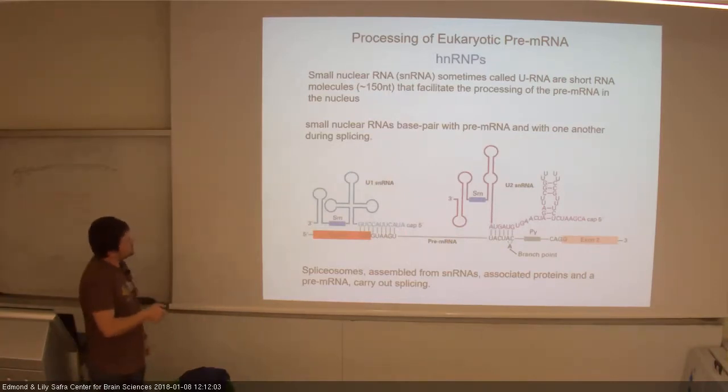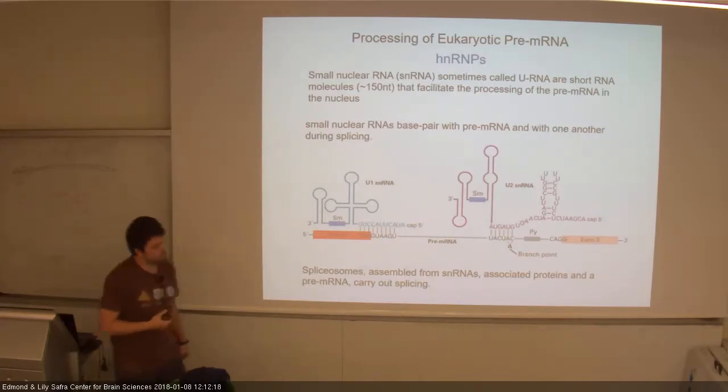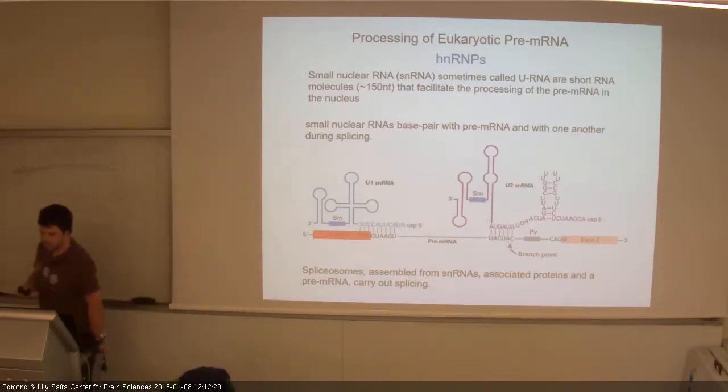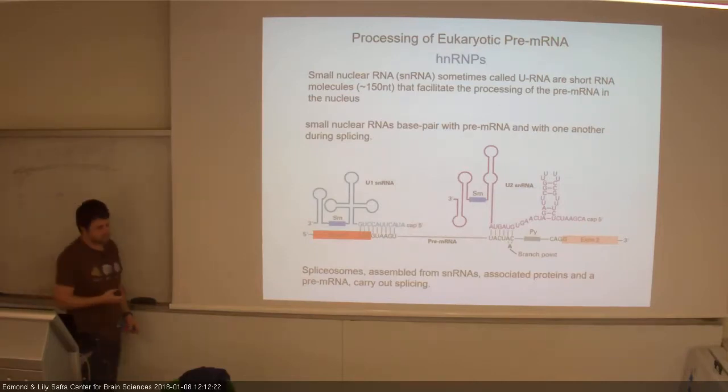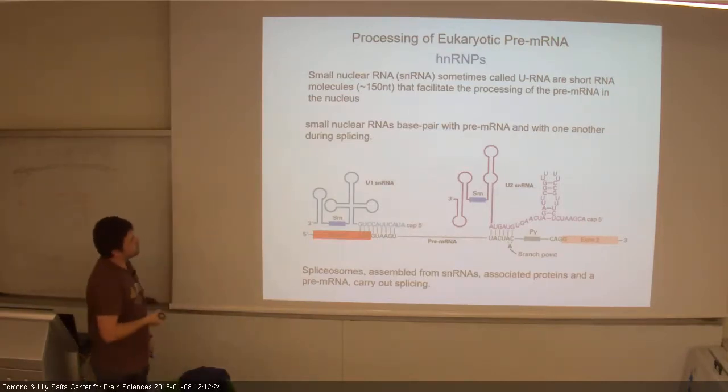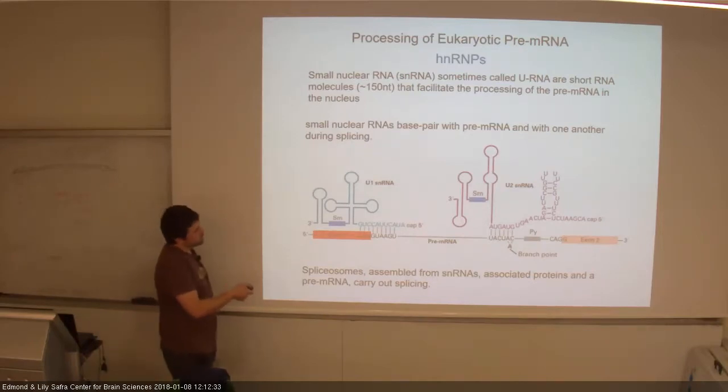One example of these short RNAs, or small nuclear RNA molecules, that are in charge of splicing are the U RNAs inside the splicing complex. They're short RNA molecules of about 150 nucleotides, and they facilitate the processing or cleavage of mRNA, including splicing, by mediating between the RNA and the proteins that have to cleave it.